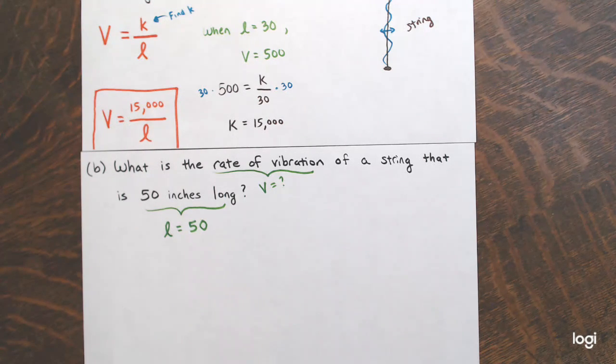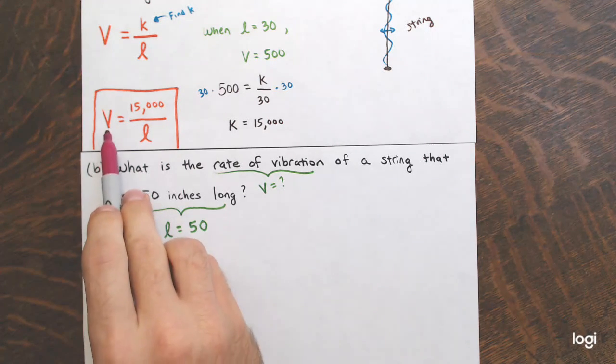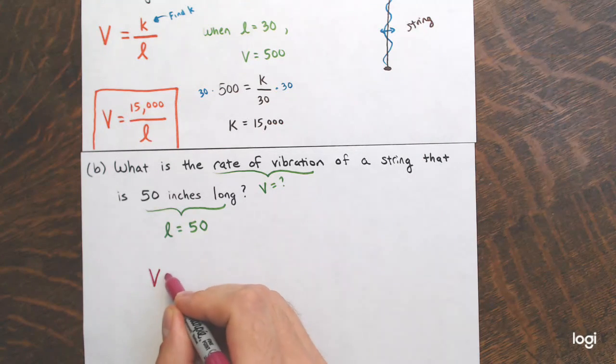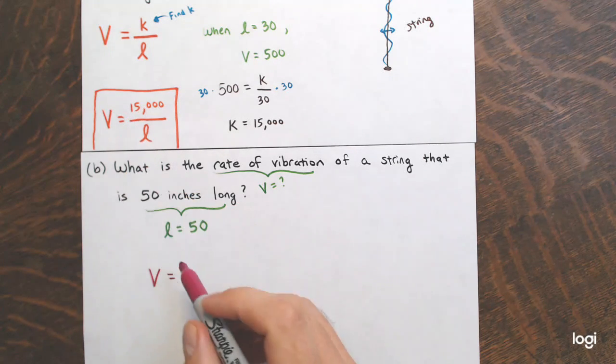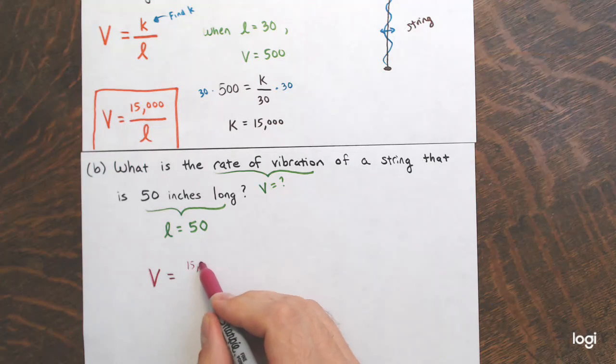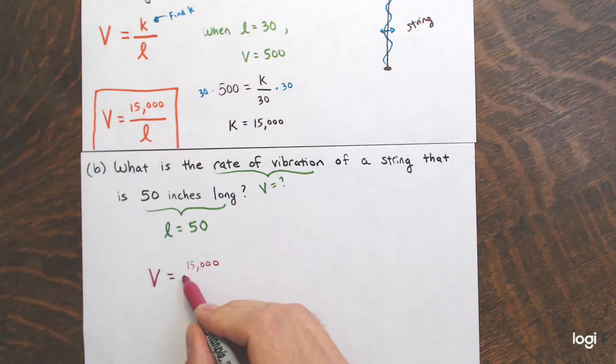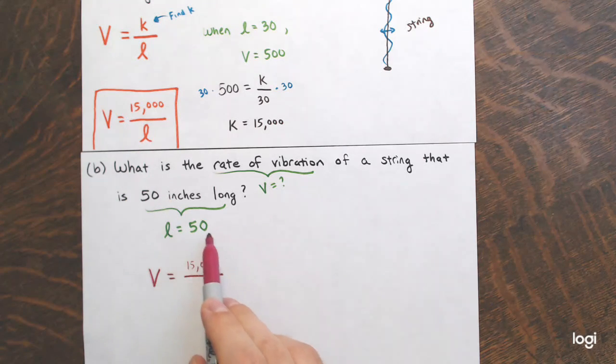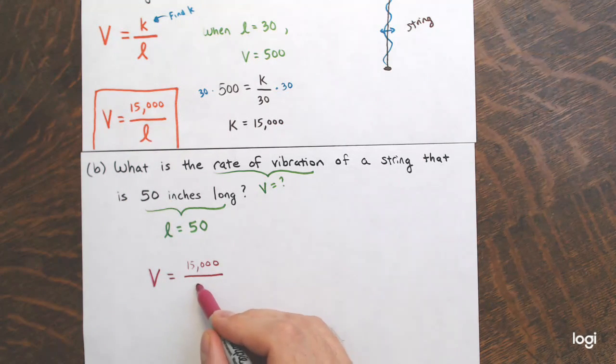So I pop those in. The V I do not know, so V equals the constant of proportionality, 15,000, divided by L, which is 50, because the length of the string is 50 inches long.